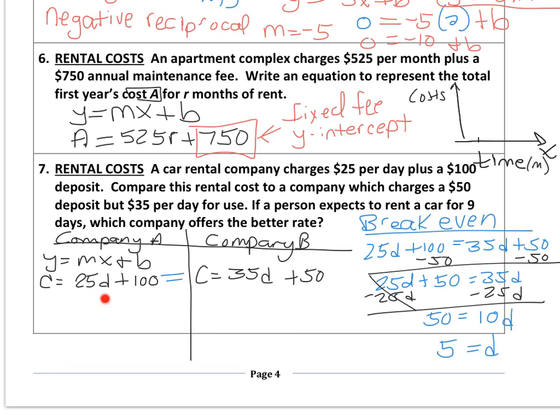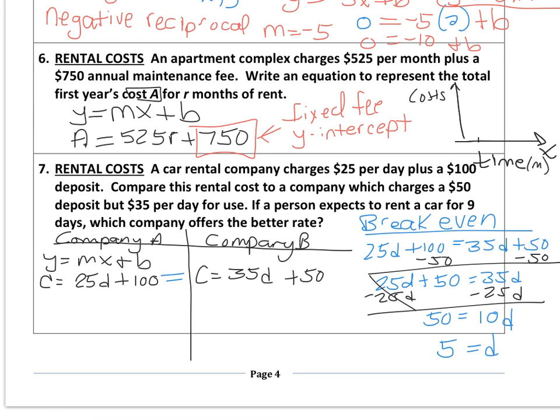Do you think if we rented for more days than 5, that the company who charges less per day would be the better bet, or the company who charges more per day would be the better bet? Well, I think it would be easy to make an educated guess that if we're going to rent for more than that break-even 5 days, you want to go with the company that has the least daily rental.